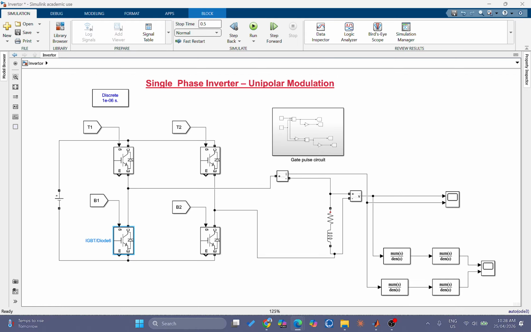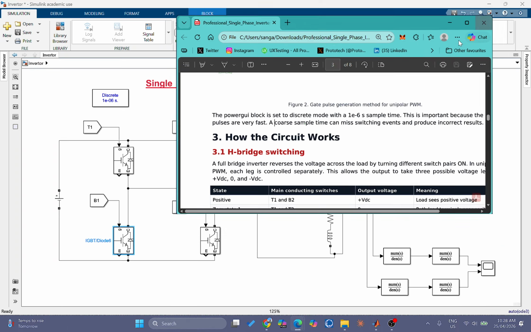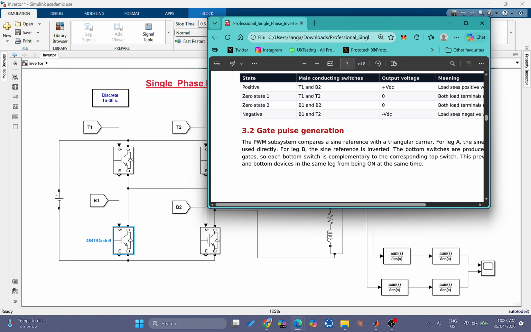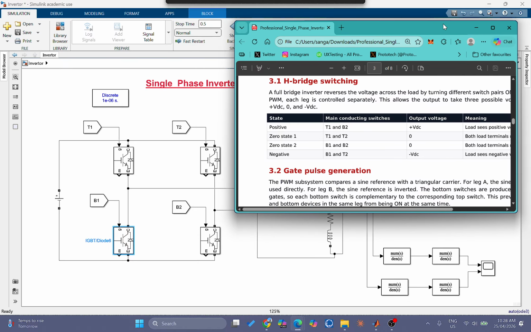Okay, I'll explain how the H-bridge works. The full bridge inverter reverses the voltage across the load by turning different switch pairs on.